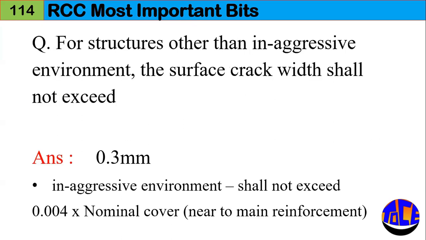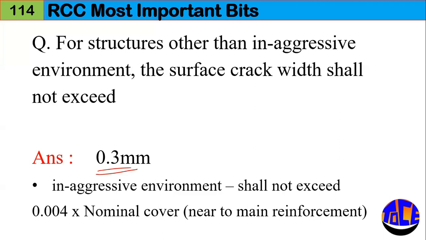Question number 114. For structures other than in an aggressive environment, the surface crack width shall not exceed 0.3 mm. Aggressive environment means, for example, marine or salt water constructions, or construction in a chemically active area.